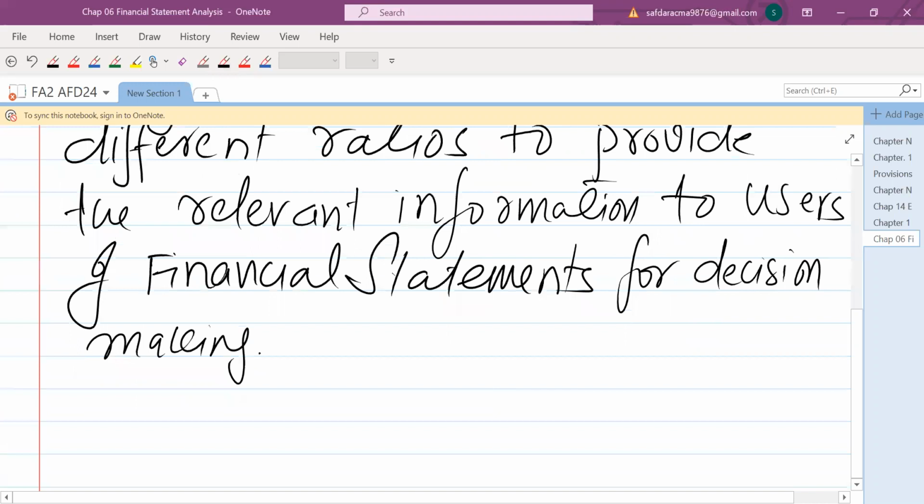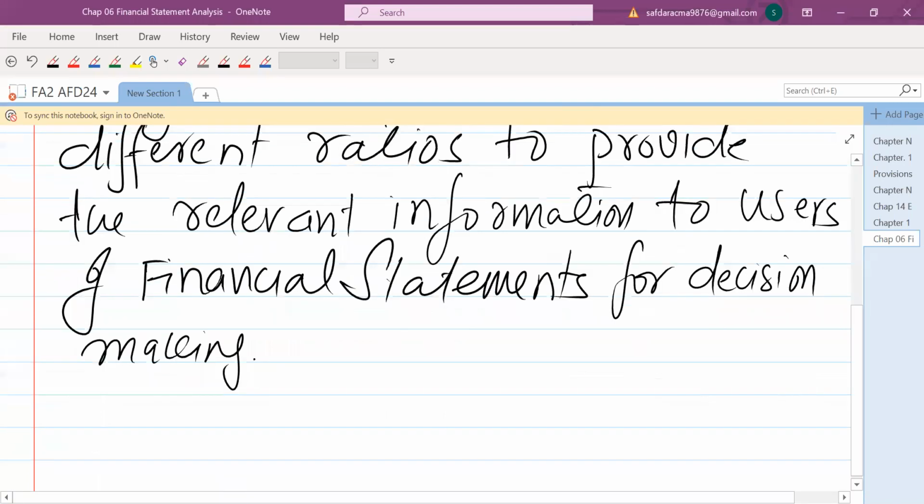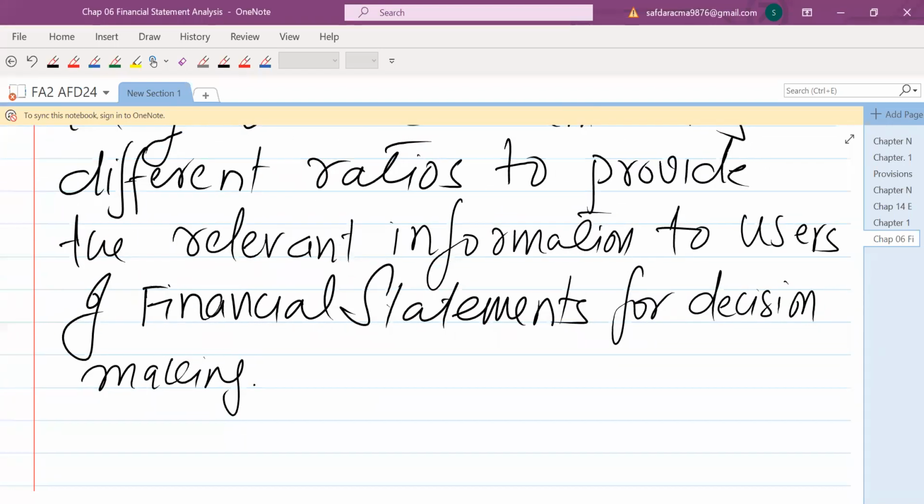So these statements are used to analyze the financial statements and to provide the relevant information to the users of financial statements for decision making. On the basis of this analysis, the users will decide should they invest in this business, what is the performance of this business, what is the financial position of this business.